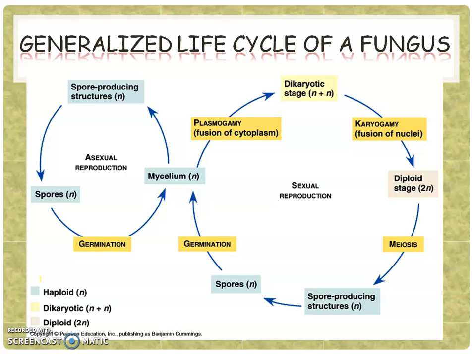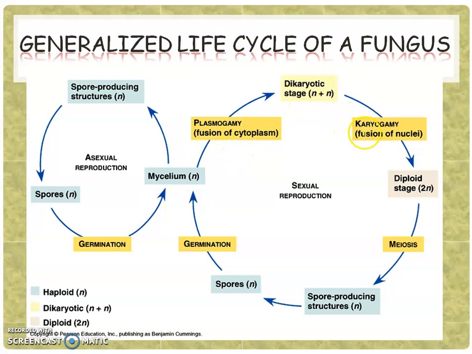Then this is a general life cycle of reproduction. In asexual reproduction, what happens? The spores will germinate and form mycelium. Then this mycelium will again form spore producing structures. Or else the spores will germinate to form mycelium, and the mycelium will undergo plasmogamy. There are three stages in sexual reproduction. First plasmogamy occurs, that means the cytoplasm fuses.